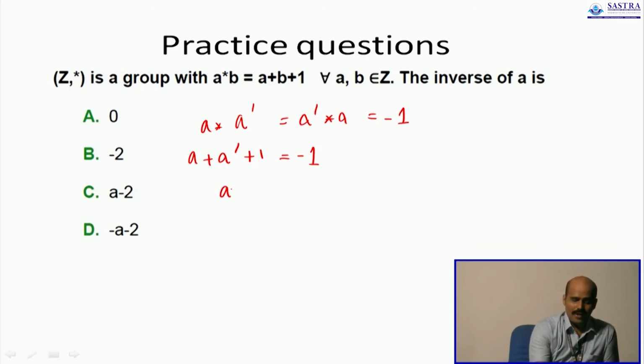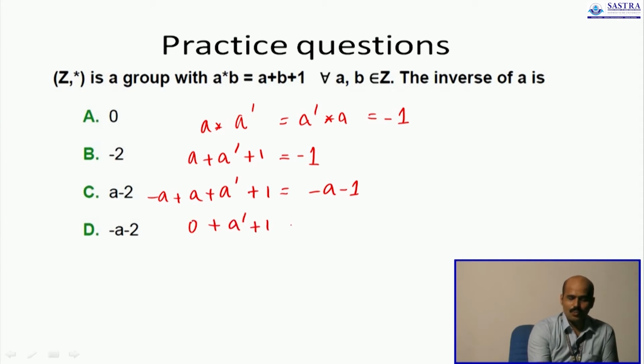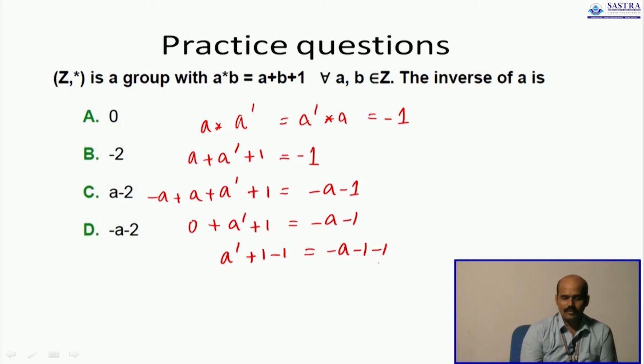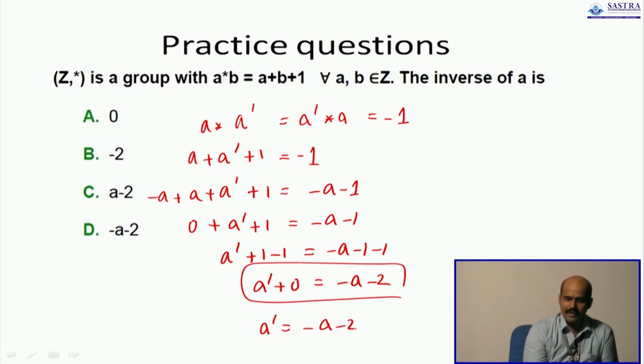Therefore, adding minus a on both sides, we have 0 plus a dash plus 1 is minus a minus 1. Now adding minus 1 on both sides, a dash plus 0 is minus a minus 2, and therefore we see that a dash is actually minus a minus 2.